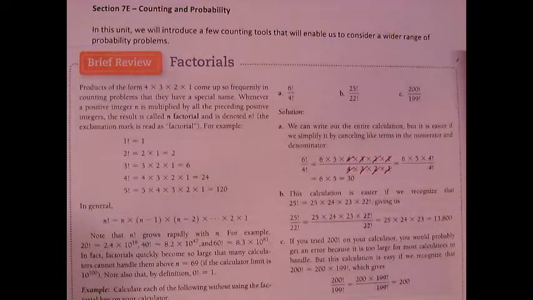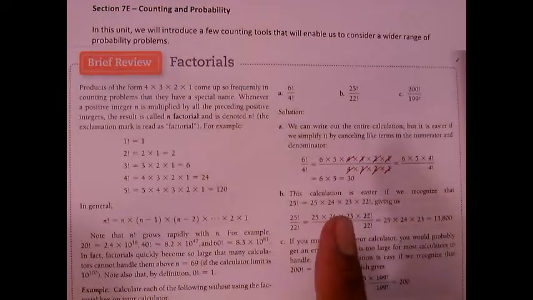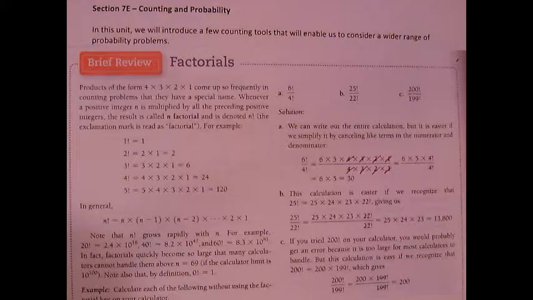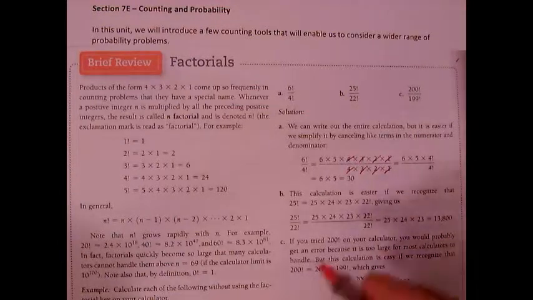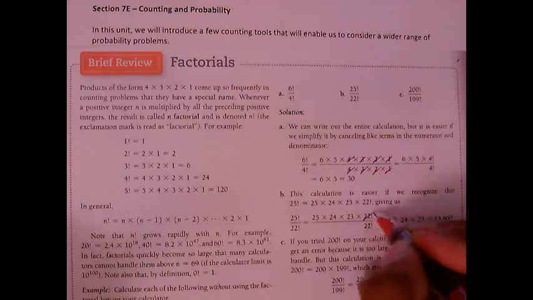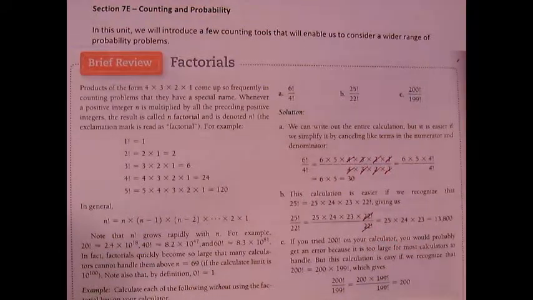This calculation will be easier if we recognize that 25 factorial would be 25 times 24 times 23 times 22 factorial, because in your denominator we already have 22 factorial. So we could write it like this and then divide out the 22 factorial, and just multiply 25 times 24 times 23, which would give you 13,800.